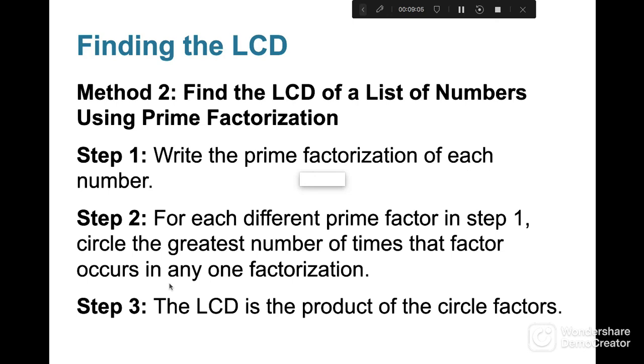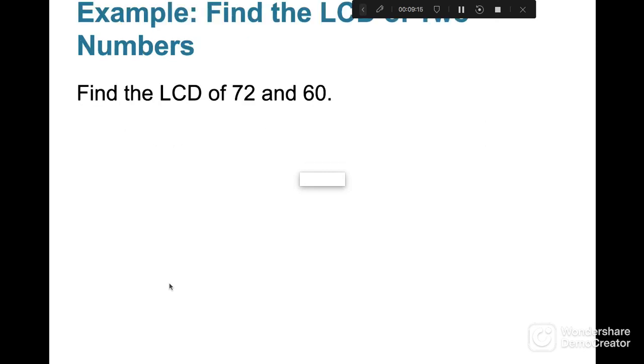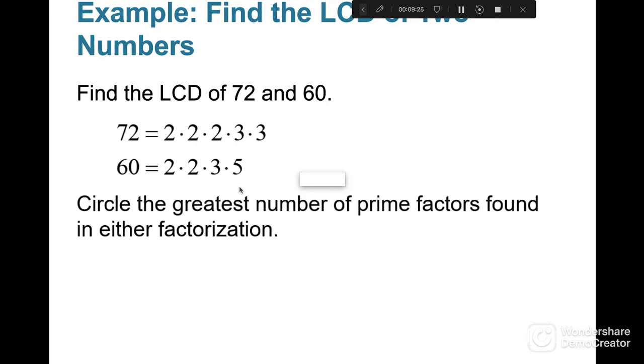The other way to do it is to write that prime factorization that we worked on before Thanksgiving, where we break it down. And then after you find the prime factorization, we see what they have in common. All right? Then we take those numbers. So like this one, it says we're going to take the largest number of factors.